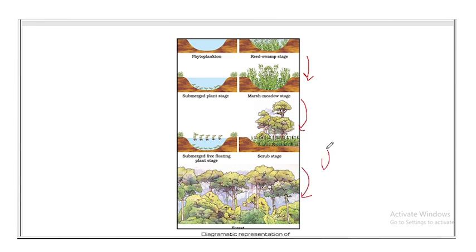This is the climax community. So phytoplankton, submerged plant stage, and over time it will lead to a climax community. And this will remain stable as long as there is no environmental disruption happening.